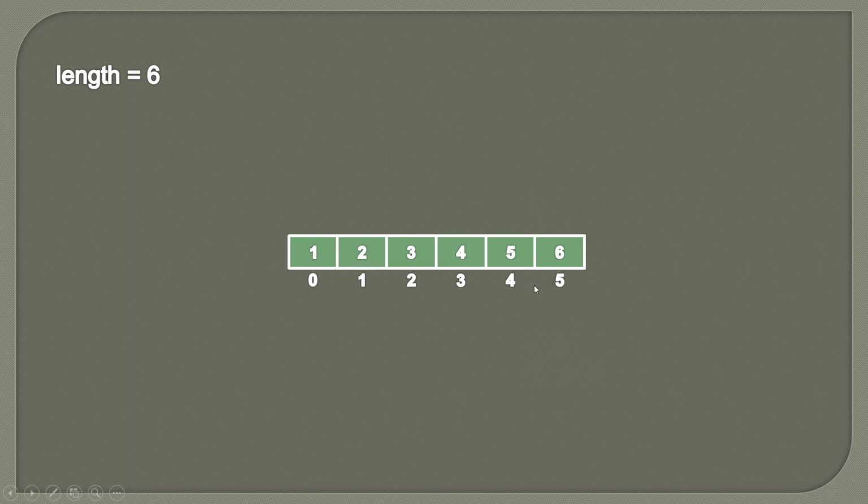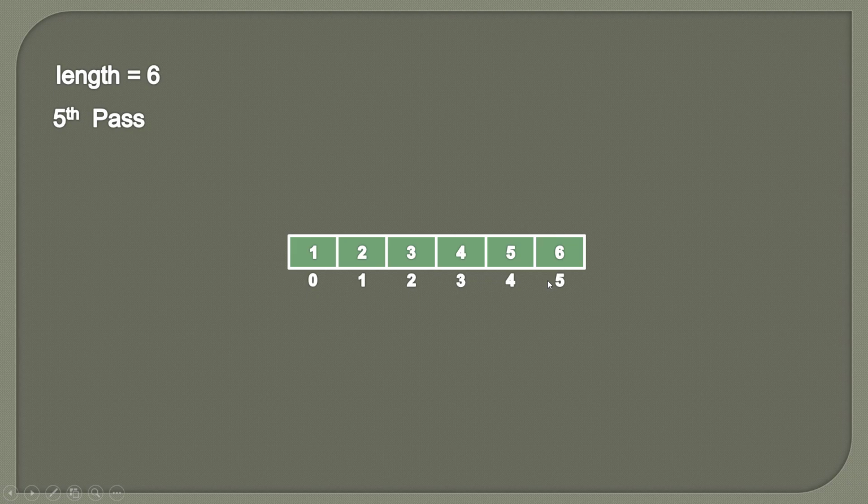So friends, here you can see that after the fifth pass, 5 came to its correct position and we are left with only one element. So by default this element is at its correct position. So we don't have to perform these steps on the last element because it is already at its correct position.